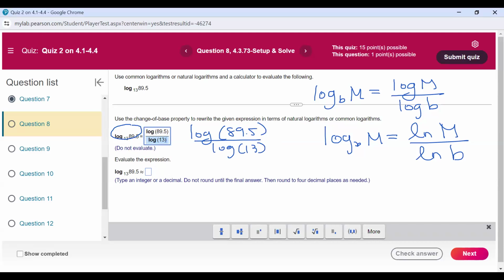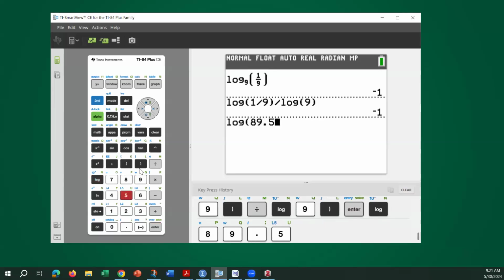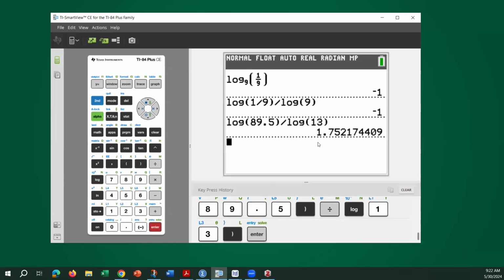And now we're going to head over to our calculator. So here we got log 89.5 divided by log of 13. Rounding to 4 decimal places, it says, so it's 1.752. The 1 gets rounded up to a 2 because the 7 is bigger than 5.